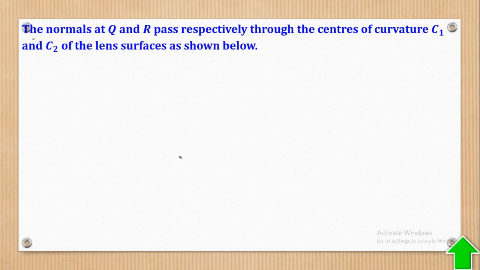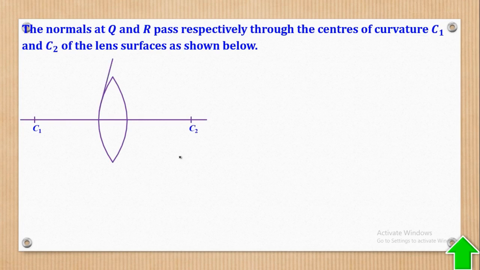So you come and say that the normals at Q and R pass respectively through the centers of curvature C1 and C2 of the lens surfaces as shown below. So with that lens there, when you draw normals at this point and this point, they will pass through the centers of curvature. So let's do that.